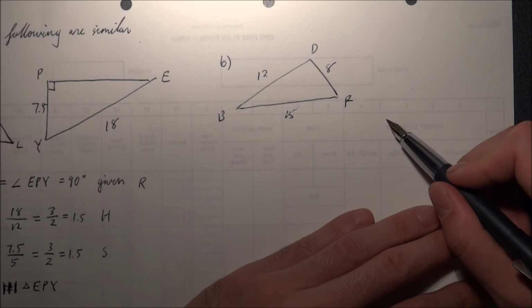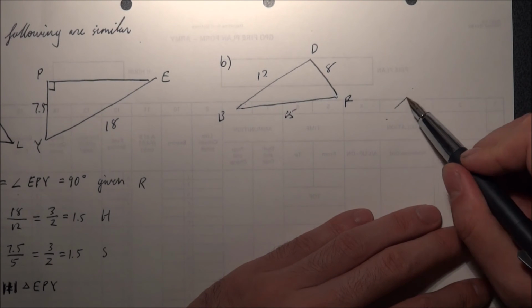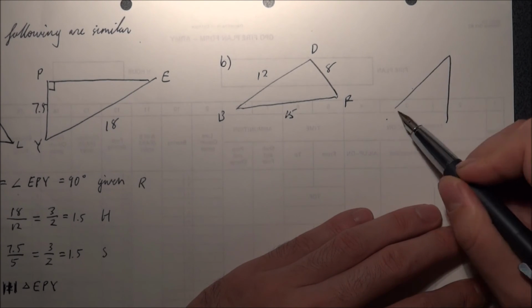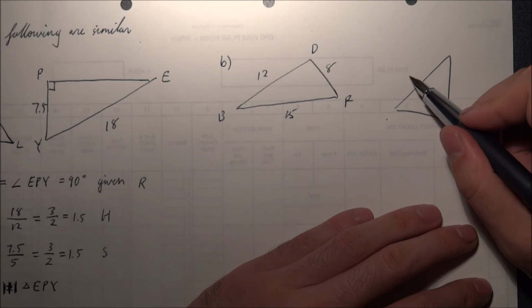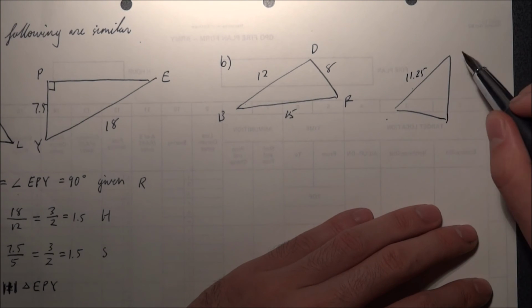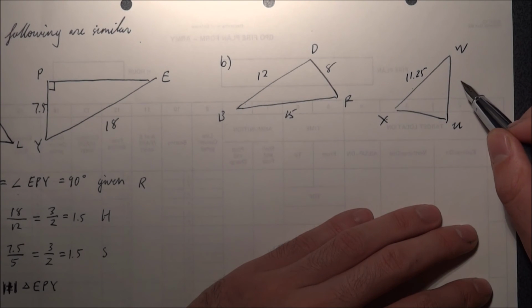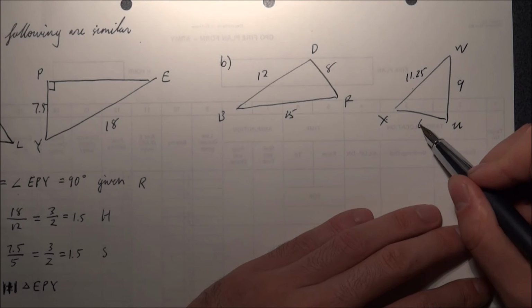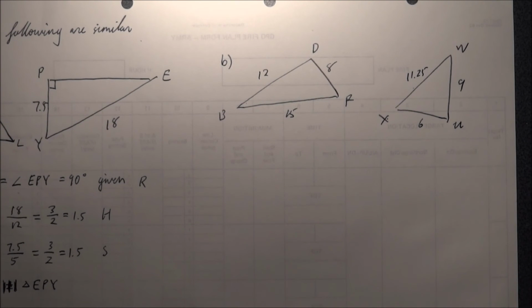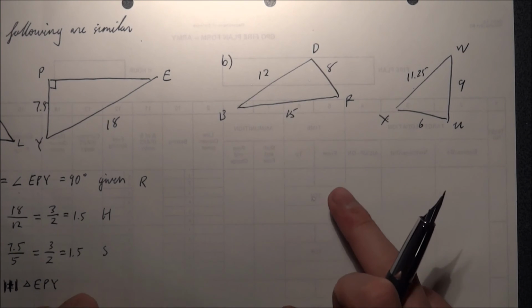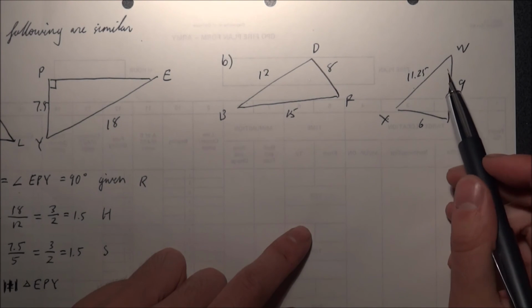A second triangle, X, W, U, with sides 11.25, 9 and 6. The thing with this question is that the two triangles are oriented quite differently, so we need to be careful with the matching sides.